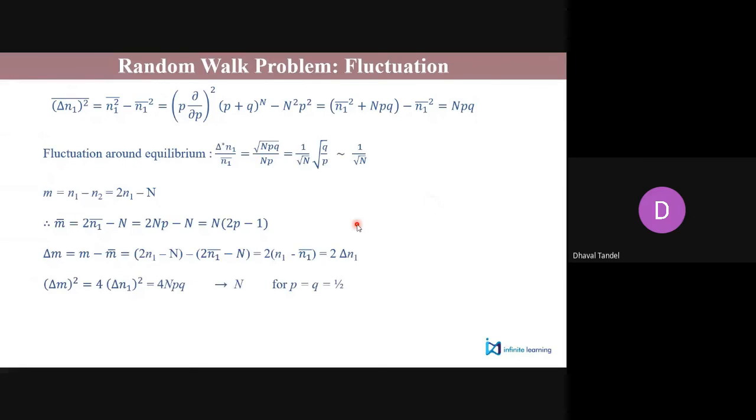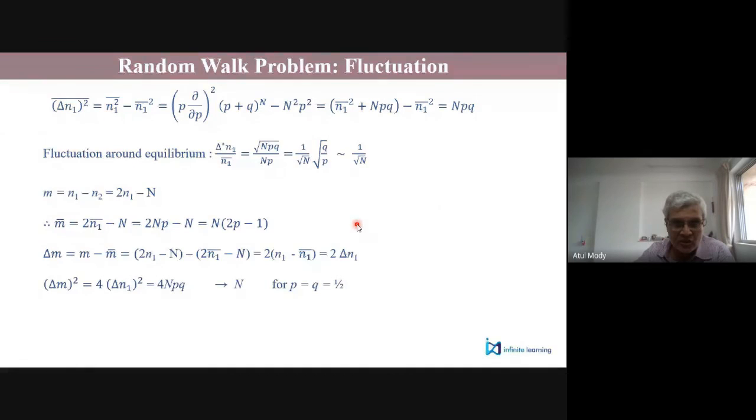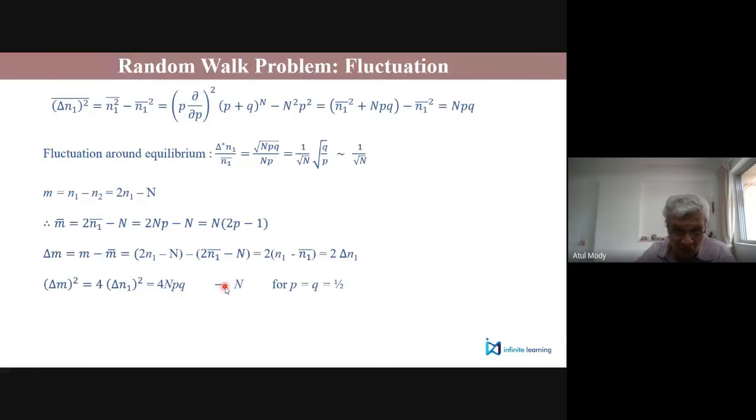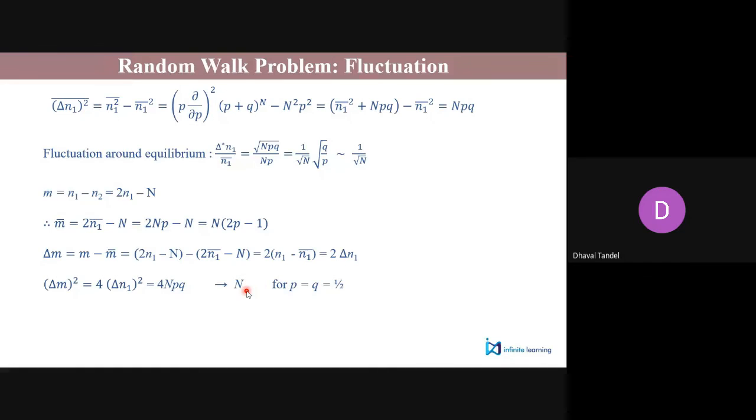So if you take delta M1 square, that's 4 times delta N1 whole square, and this number turns out to be 4npq, which is of course, if you take p and q both half, nothing but n.